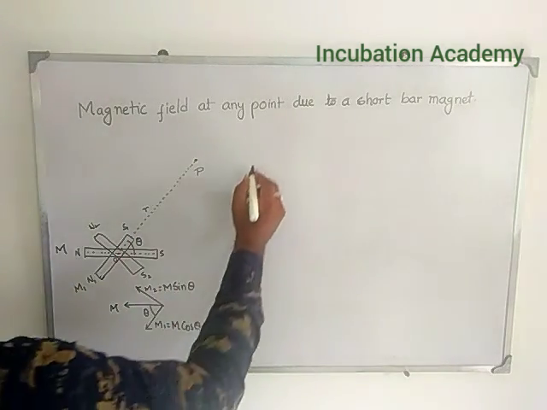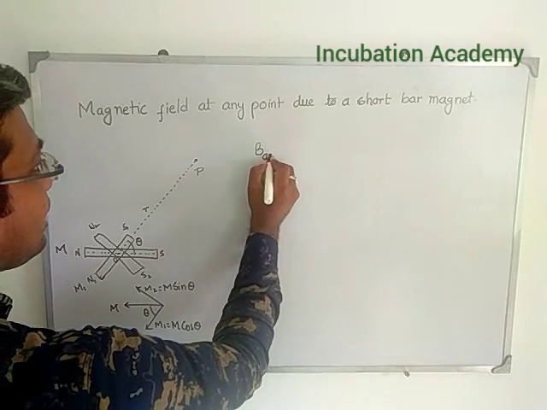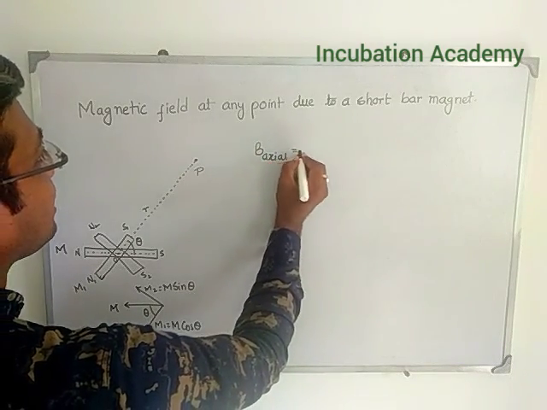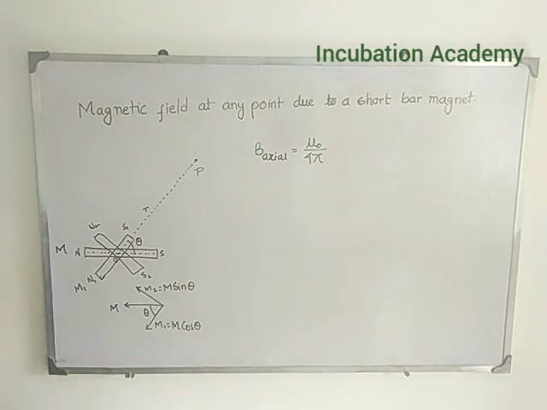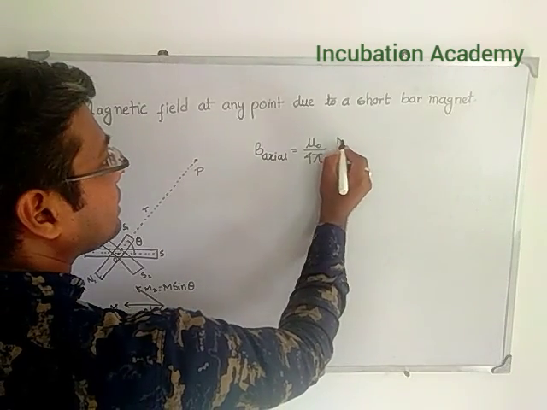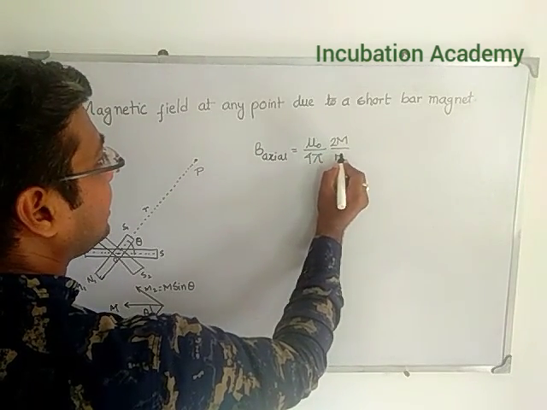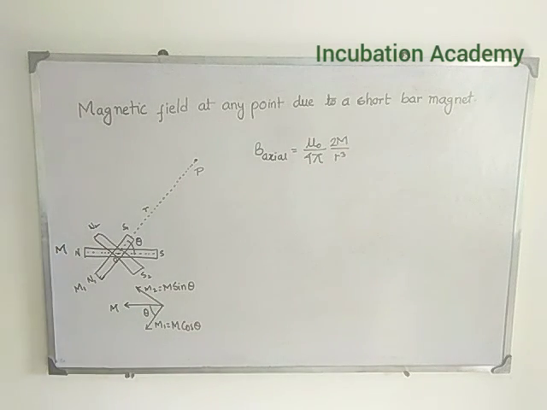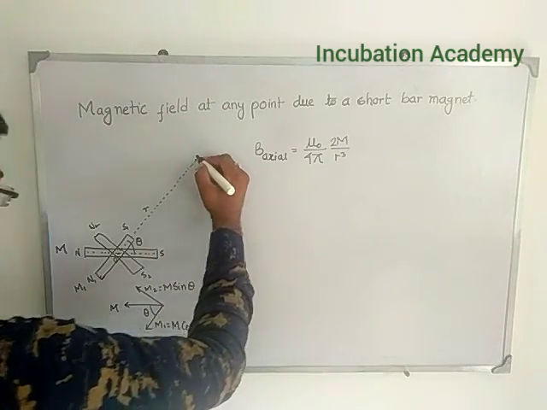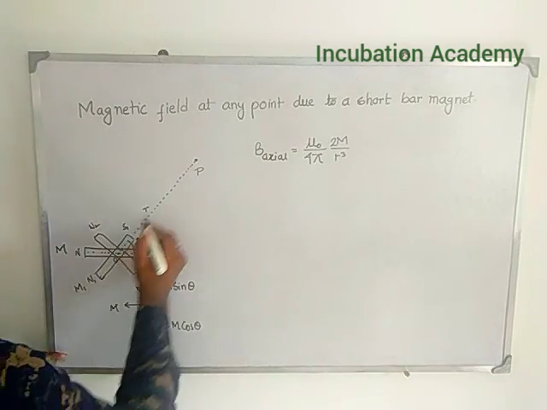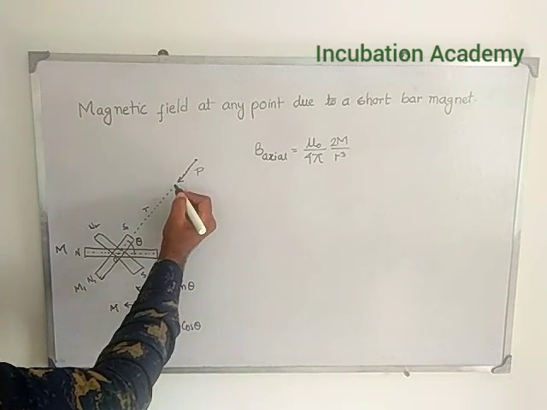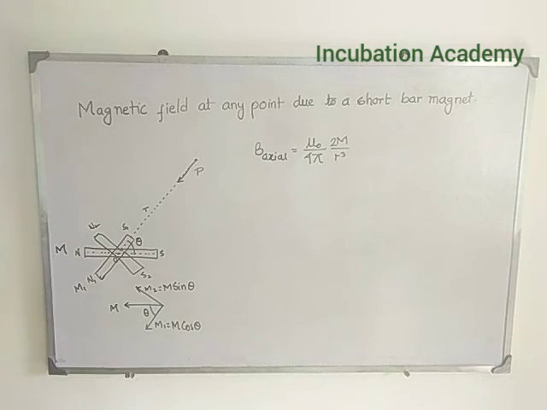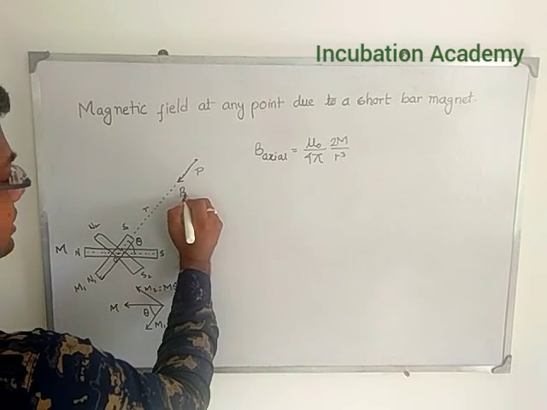Magnetic field at any axial point is mu naught divided by 4 pi into 2m divided by r cube, since we considered the bar magnet to be short. In which direction? Magnetic moment is from south to north, so the magnetic field is also in the direction of the magnetic moment. So it is along this direction, and we can say this is B axial.